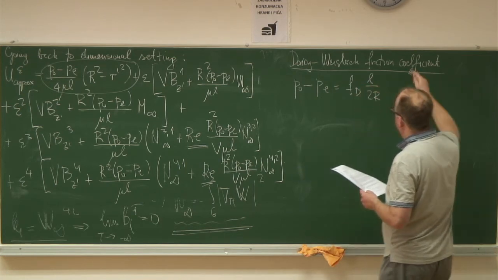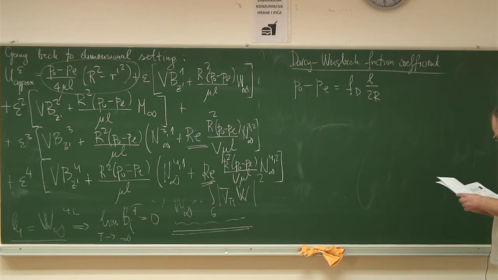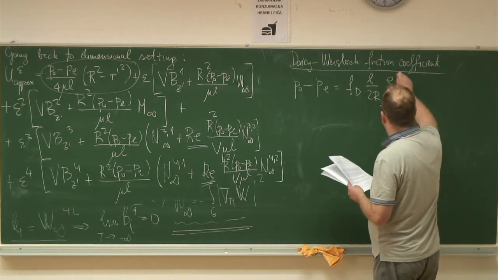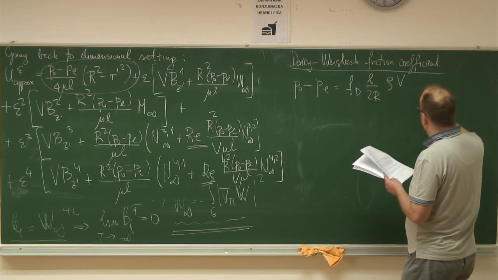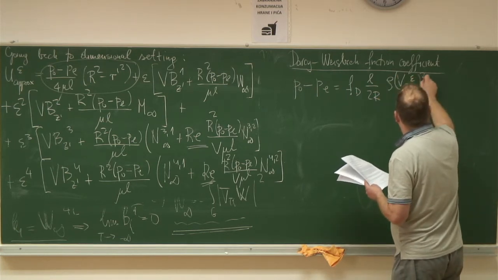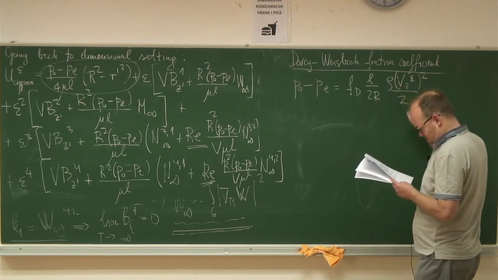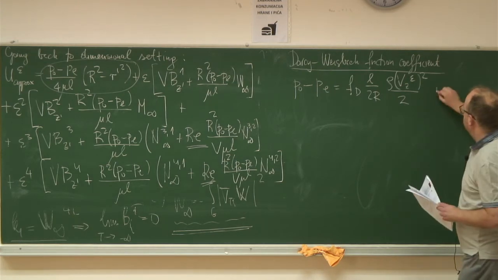And now instead of the mean velocity, here we put our mean velocity. That will be computed from this expression here. So we denote it like this.